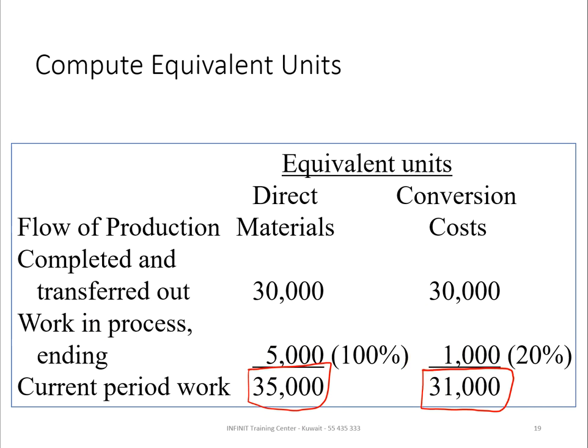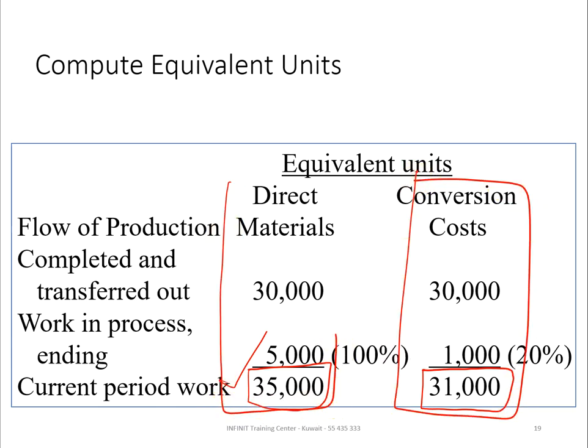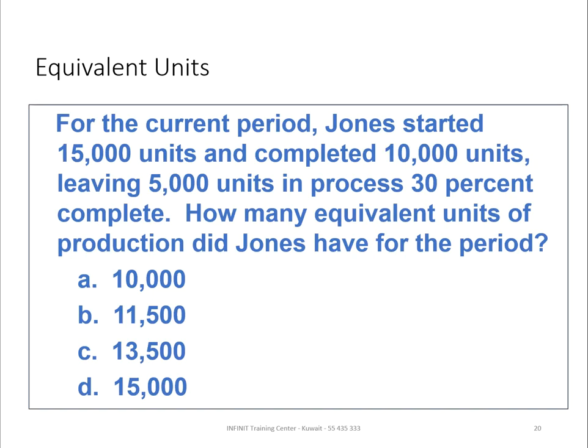That is, the cost equivalent to 31,000 units was added, whereas the cost equivalent to 35,000 units was added for material. So now we have the quantity, in the sense of EUP, for material and for conversion cost.